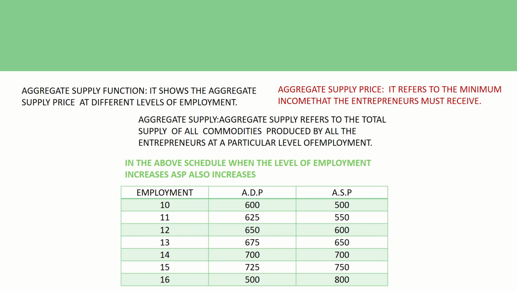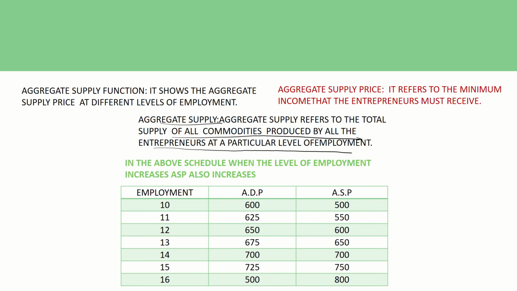Then coming to the aggregate supply. What is aggregate supply? Aggregate supply refers to the total supply of all the commodities produced by the entrepreneurs at a particular level of employment. So the aggregate supply is nothing but the cost of production plus profits, whereas in aggregate demand, it's just the cost of production.